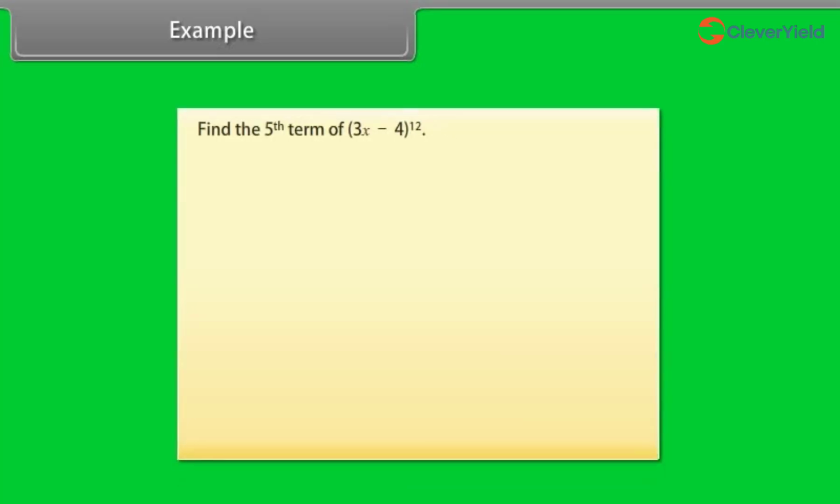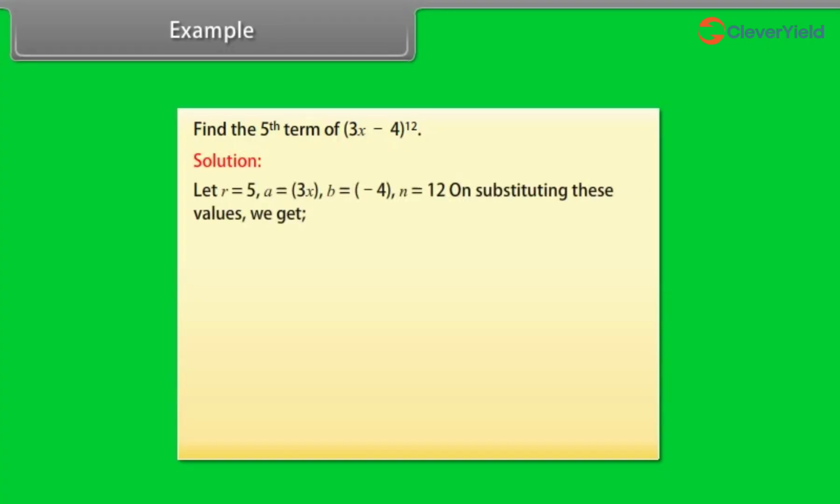Example: find the fifth term of (3x − 4) raised to power 12. Solution: let r be equal to 5, a equal to 3x, b equal to minus 4, n equal to 12.